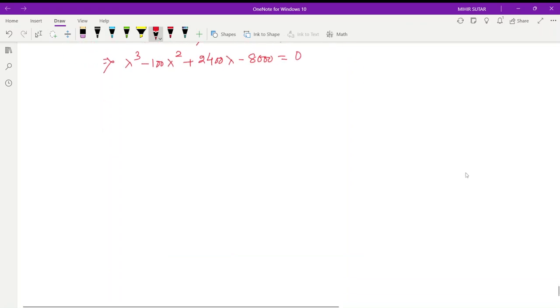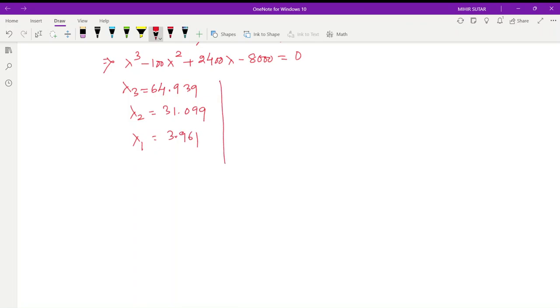So the roots you can find out as lambda 3 will be 64.939, lambda 2 will be 31.099, lambda 1 will be 3.961.